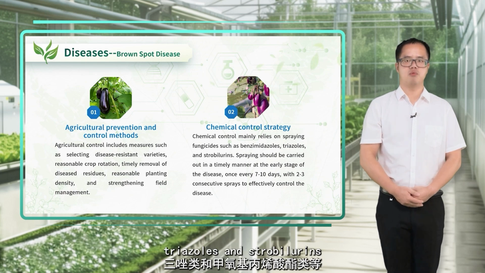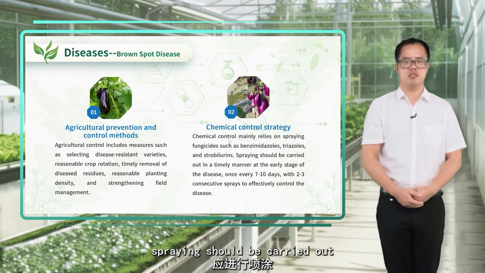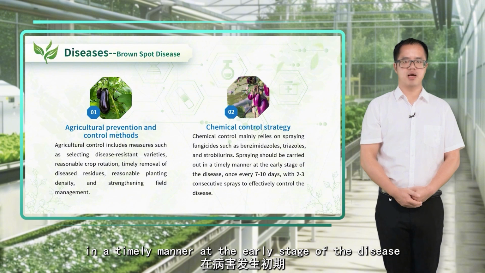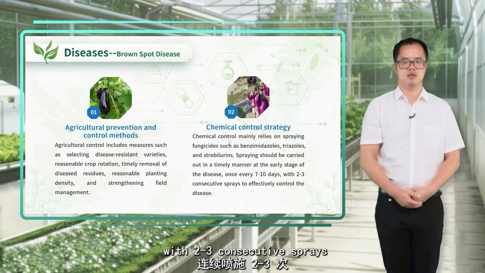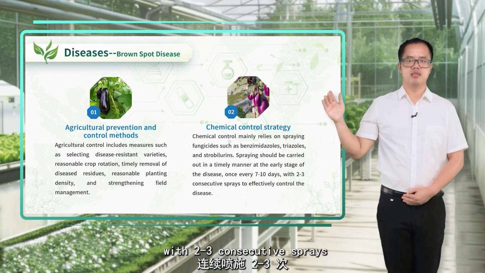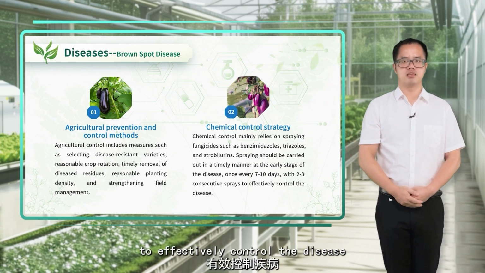triazoles, strobilurins. Spraying should be carried out in a timely manner at the early stage of the disease, once every 7 to 10 days, with 2 to 3 consecutive sprays to effectively control the disease.